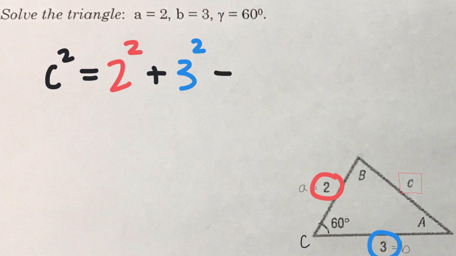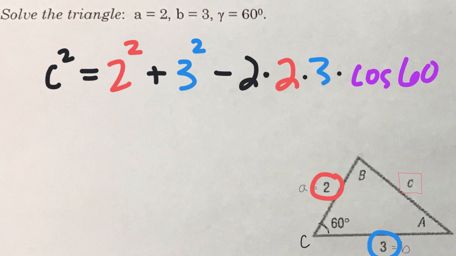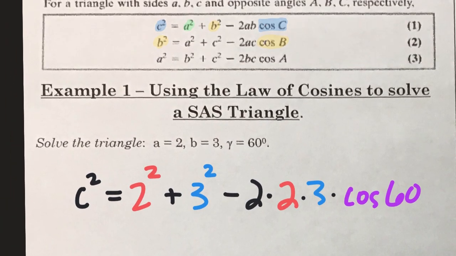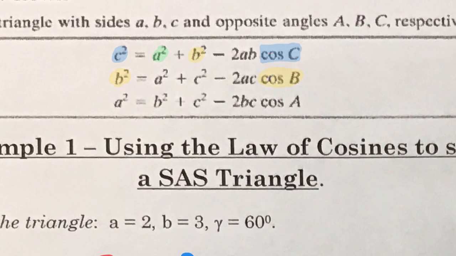It's always B squared and A squared added together, and then minus 2 times the A side times the B side times the cosine of the angle in between them. So cosine of 60. The 2 in the middle is always a part of your equation. Don't forget about this 2. No matter what else is going on, these all have a multiplier of 2 that's being subtracted.